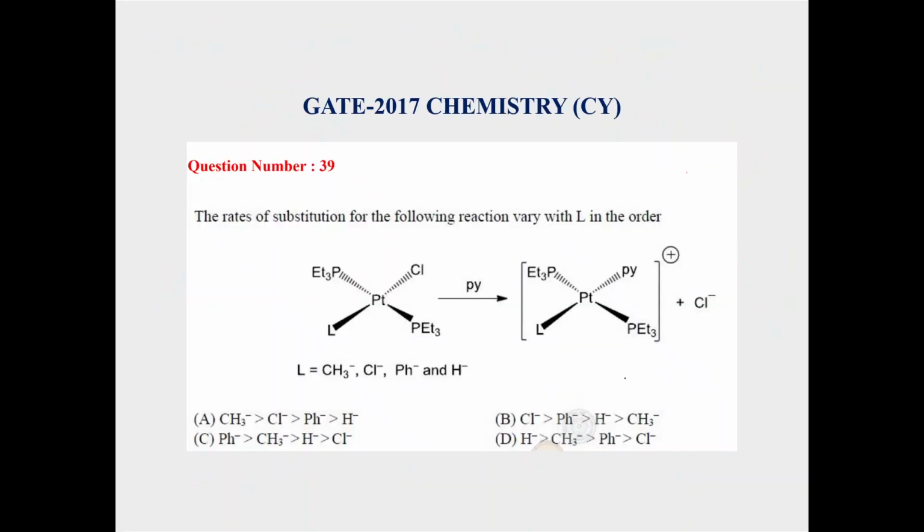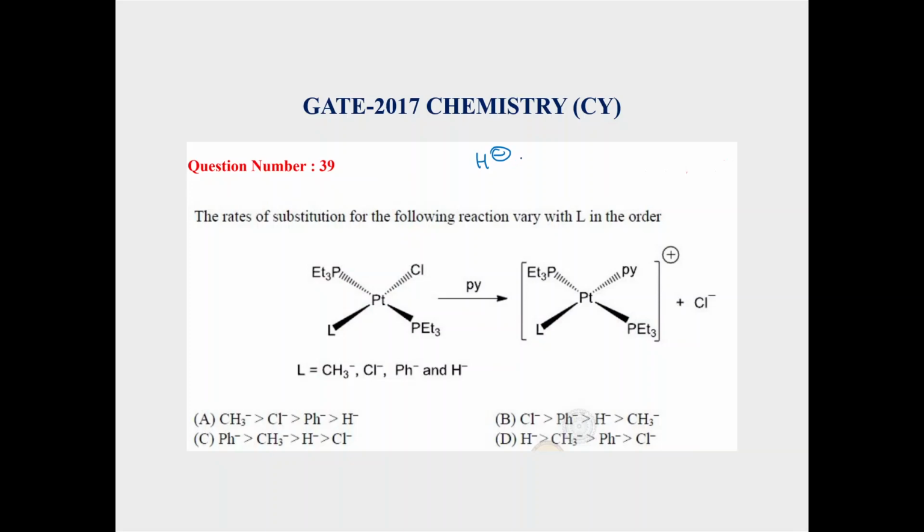So the options which are given here among this, to answer this question, we should know that trans-directing series, that which ligand is more trans-directing. Okay, so if we look into that series, H minus is a better trans-directing group.